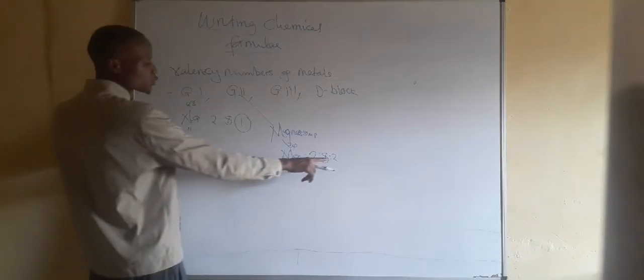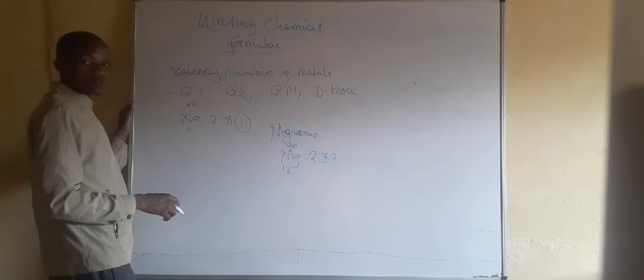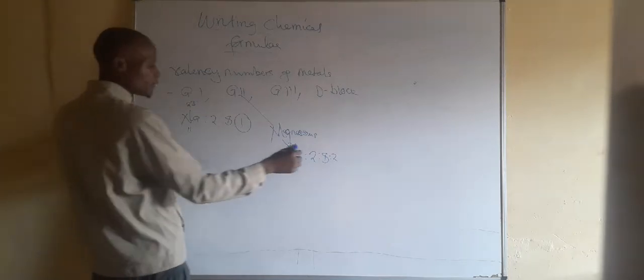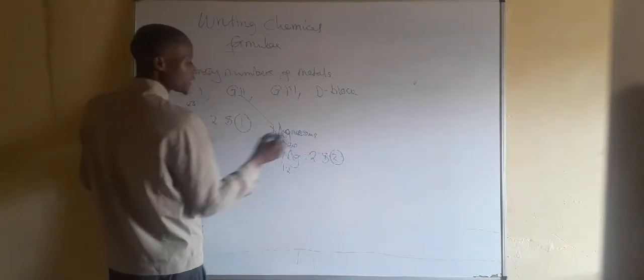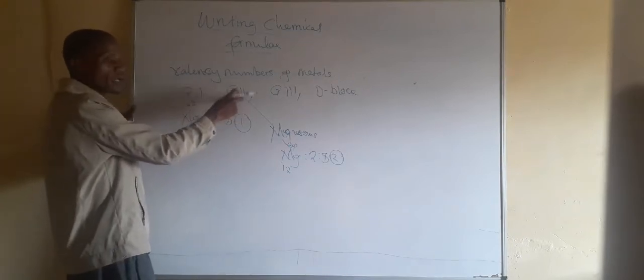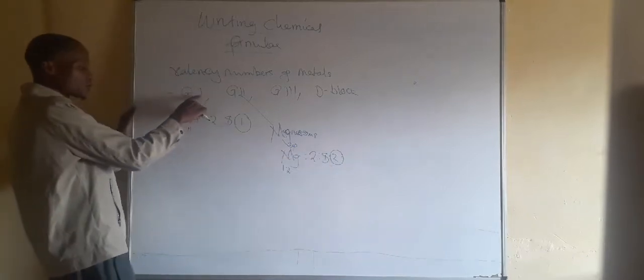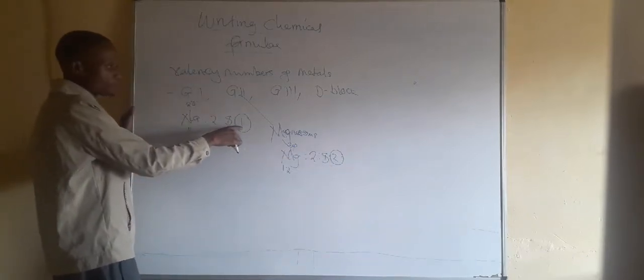Magnesium needs to lose 2 electrons in the outermost shell for it to be stable. So the electrons which it needs to lose are the valence number for magnesium. All the elements in group 2 have the valence number of 2. All the elements in group 1 have the valence number of 1.